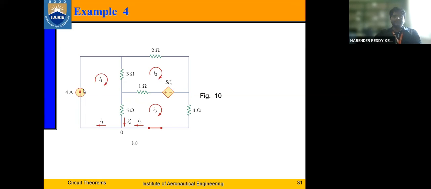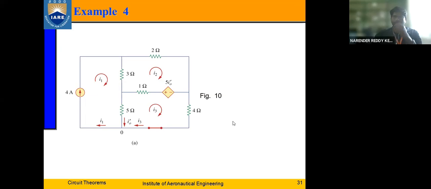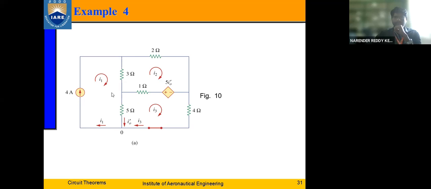With only the first source, we can't directly apply the current division rule because you have more nodes and more loops. So what should be done? We know the procedure for loop analysis, right? Apply mesh analysis and let me know the values of I1, I2, I3 as quickly as possible, because you already know how to use the calculator. We also discussed the direct inspection method, how to write the equations.